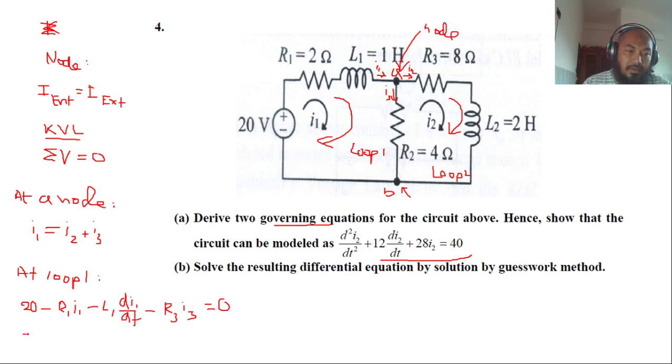Bringing minus over here, we get 2I1, where R1 is 2 ohm, minus L1 which is 1, di1 divided by dt, plus R2, which is 4, multiplied with I3, equal to 20. This is at loop 1.